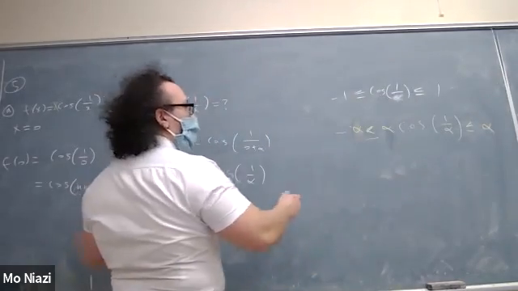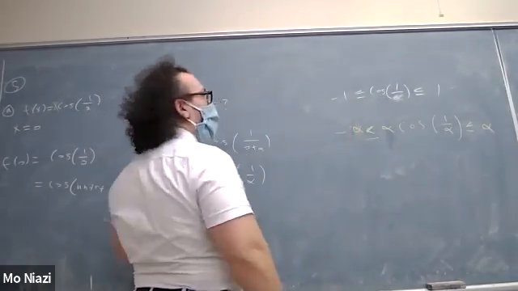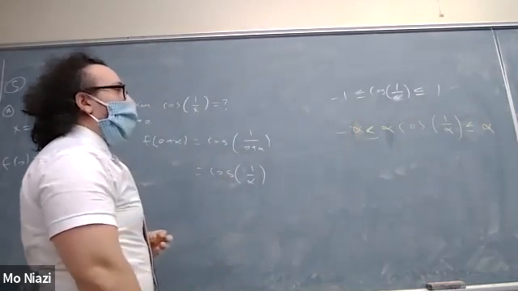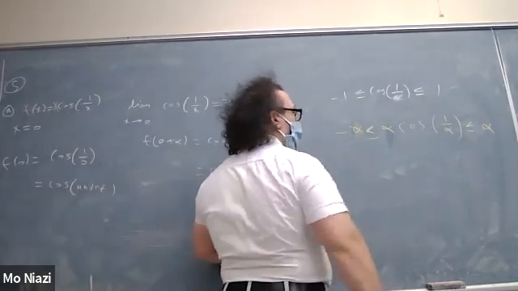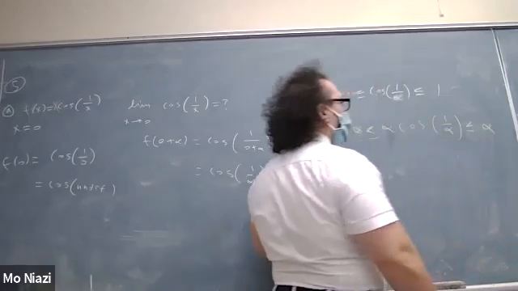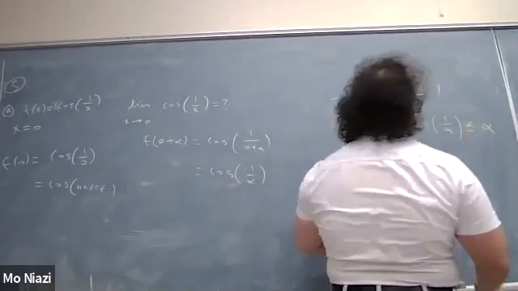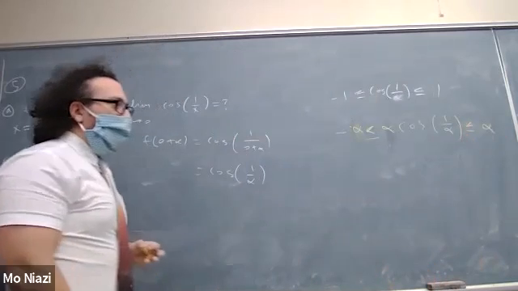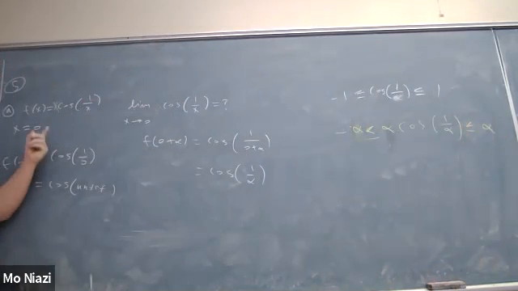You can say, oh, the limit as negative x approaches 0 is 0. The limit as x approaches 0 is 0. So that means the limit as this function approaches 0 is 0. But you can't say that about this function because there is no x here. So the limit does not exist.